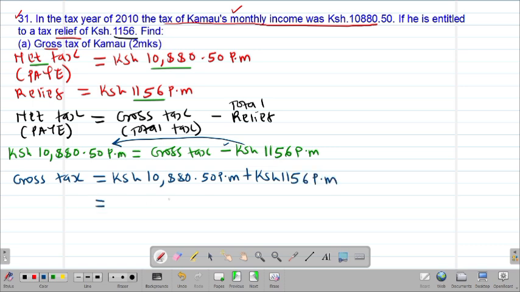If you take 10,880 and 50 cents, then plus 1156, your calculator is going to give you Kenya shillings 12,036 and 50 cents per month. Therefore, our gross tax, which is also called the total tax, will be 12,036 shillings and 50 cents per month.